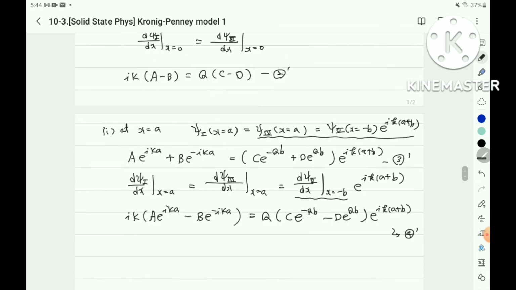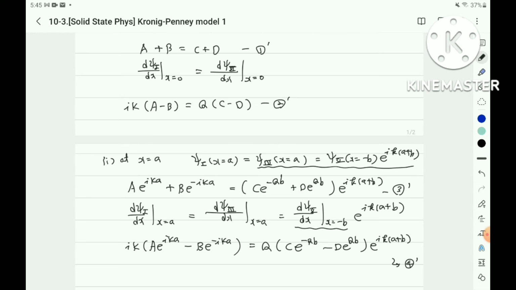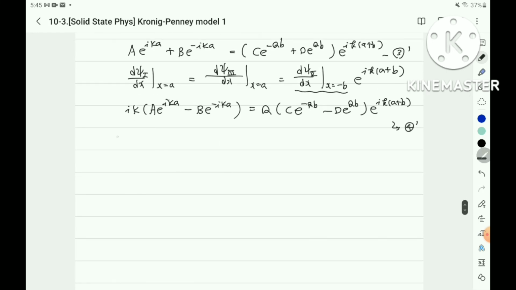From the 1, 2, 3, 4 prime equations, the unknown coefficients are A, B, C, D. Let's think about that. We can make the matrix in A, B, C, D. Let's make the matrix.